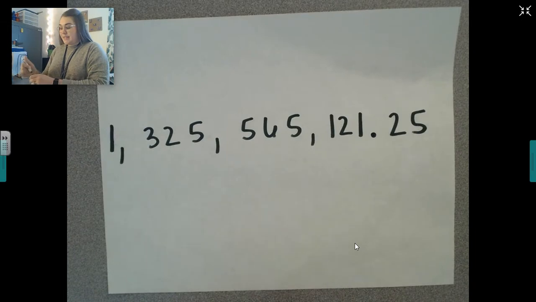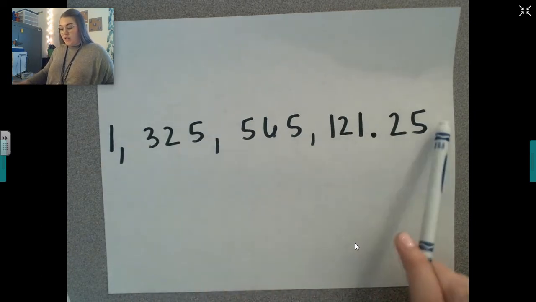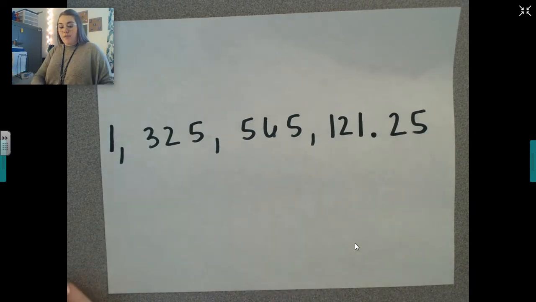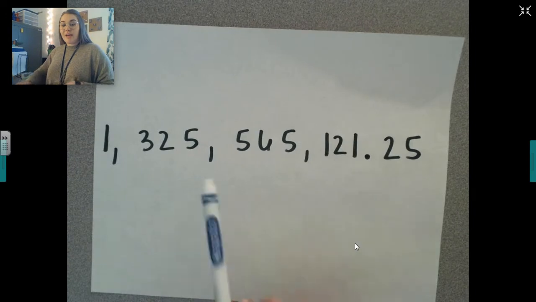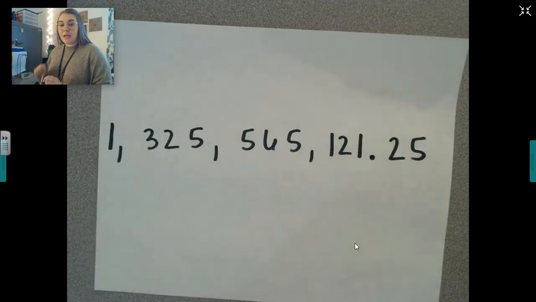Woo! I want you to write this number, and I want you to draw your place value houses on all of them. I'm going to give you a sneak peek. Your place value houses, I want you to label the place value for every single number in this number. So pause the video and go ahead and do that.